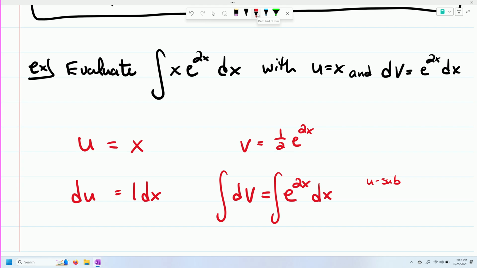Now that I have all the information, I'm just going to apply my integration by parts formula, which is very straightforward.